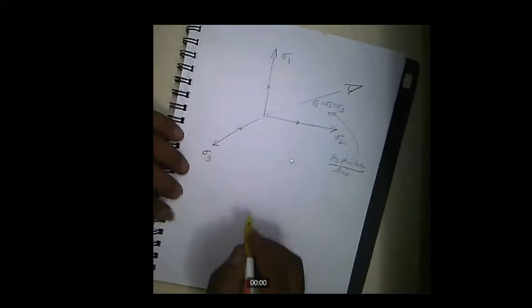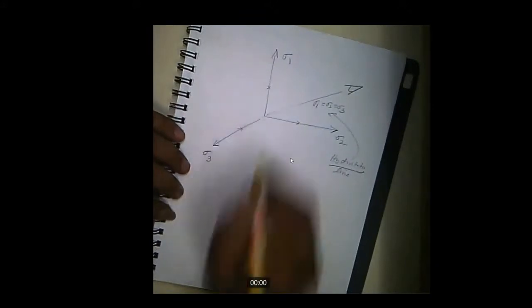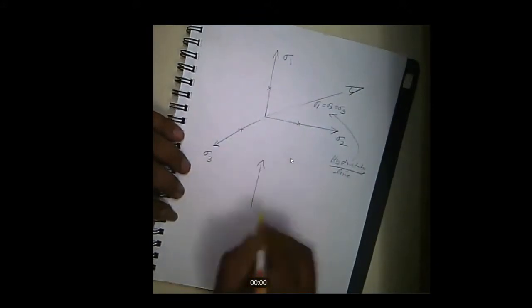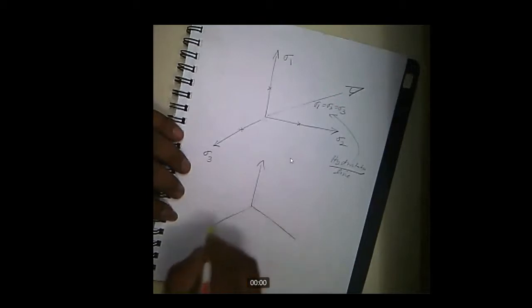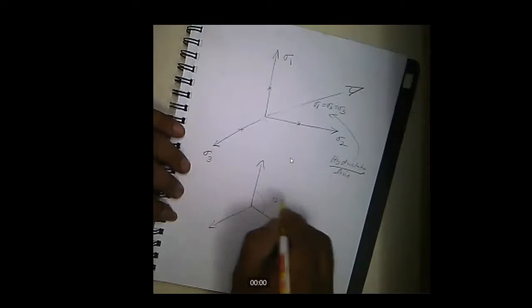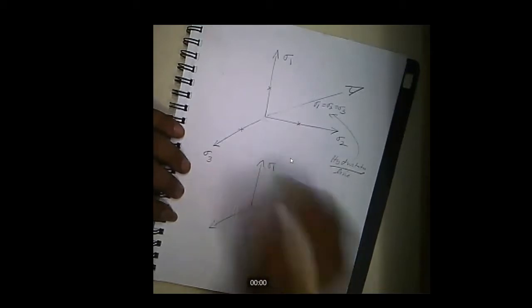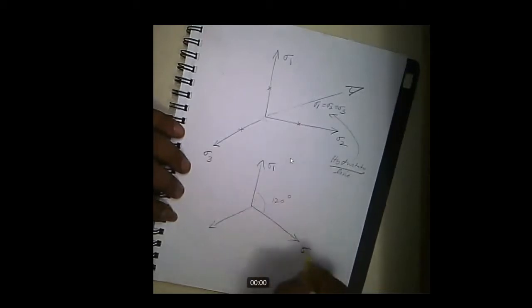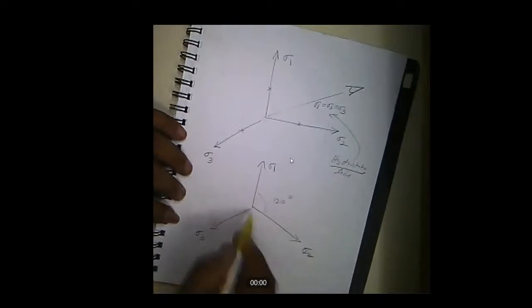Supposing I see from this side, they will all look in such a way that they are 120 degrees apart. What am I doing here?